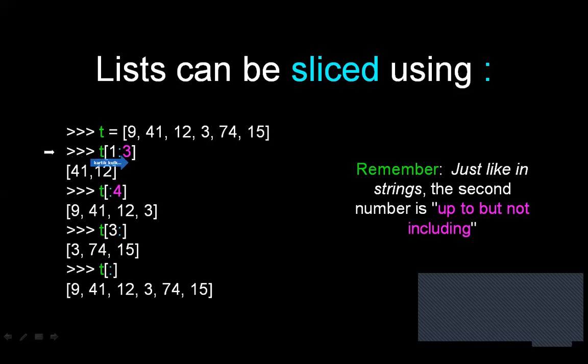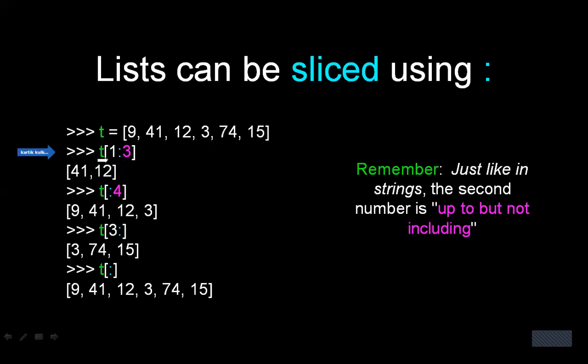What will be the output of this statement? That is T[1:3]. You can notice that a list can be sliced using the colon.